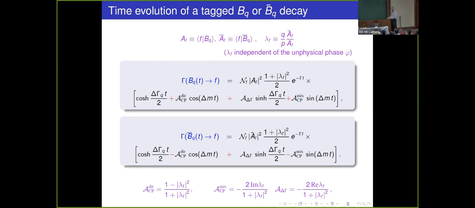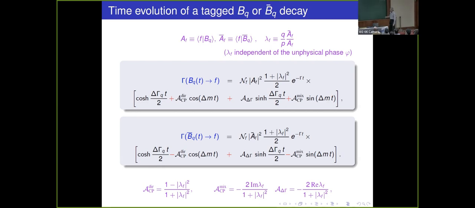So in an experiment which discusses mixing of objects, these three quantities are to be measured. Now these three quantities are written in terms of, again, just one quantity, one complex number called lambda f, and lambda f is simply the ratio of the amplitudes with some multiplicative constant. Okay? But again, you will see, if you really want to see CP violation in mixing, this lambda f has to be imaginary.